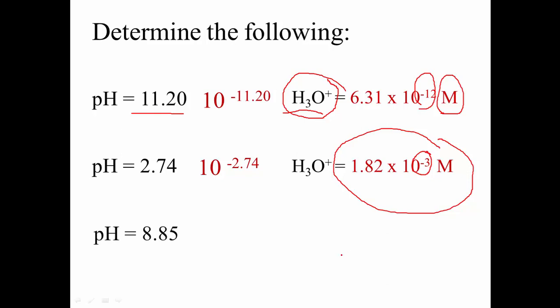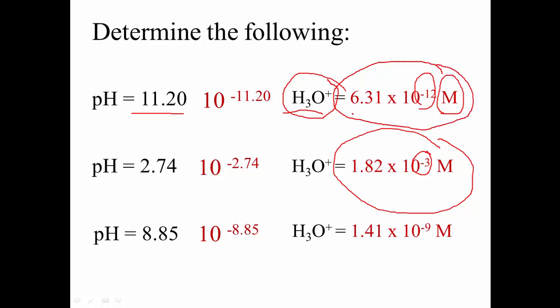And one more. So this would be 10 to the negative 8.85 gives you the concentration. So if you have the concentration, and you can do that right now, if you take the negative log of 6.31 times 10 to the negative 12, you should come back out to 11.2. You may have a little rounding difference there. If you take the negative log of this, you should come back to this.